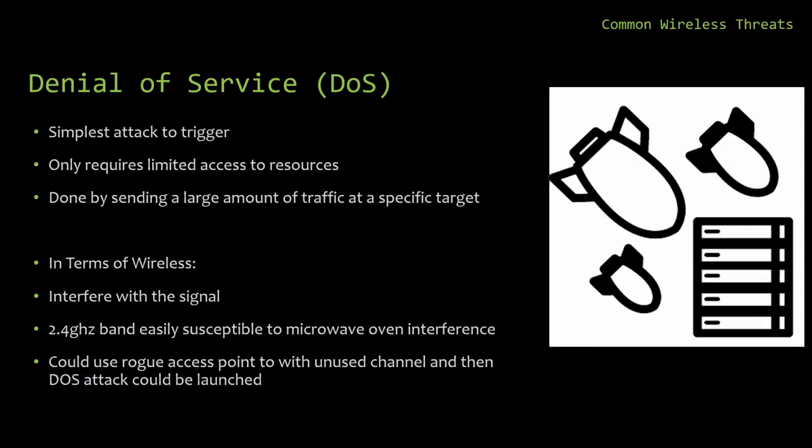And if you were to double, triple, quadruple that effort, then obviously you could cause some definite destruction or disruption in that particular environment. So, thinking a little bit outside the box, an attacker could absolutely plug something into an access point, identify an unused channel, and then launch a DOS attack from there.